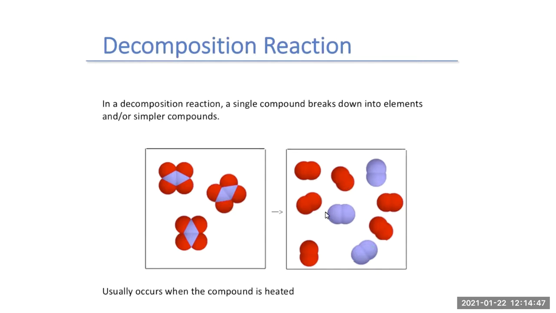You can see they're no longer combined together. Instead, it's split apart into its different atoms. We can say it got decomposed into its different atoms. So this is a general format of a decomposition reaction. You start with one thing and it creates 2 or more things.